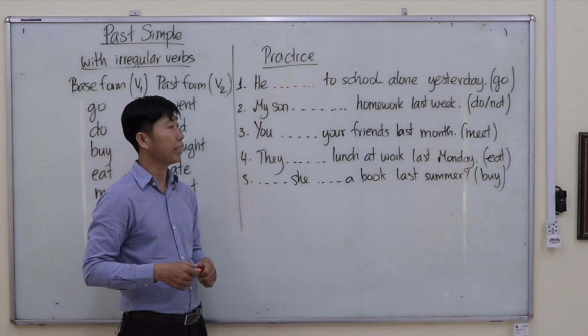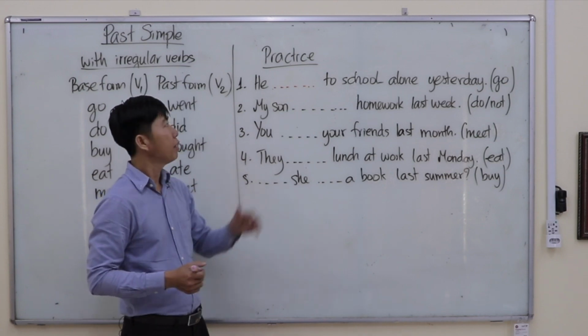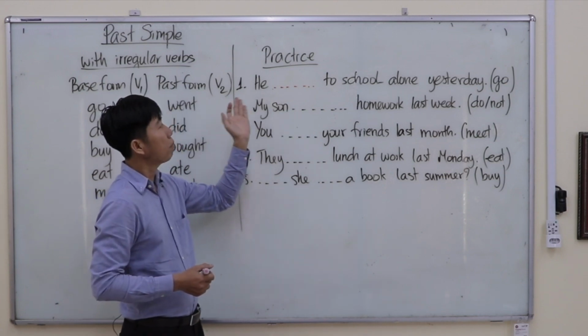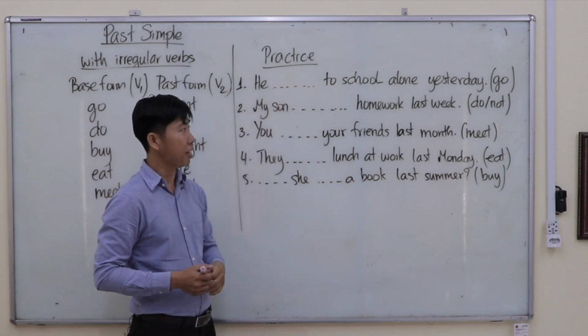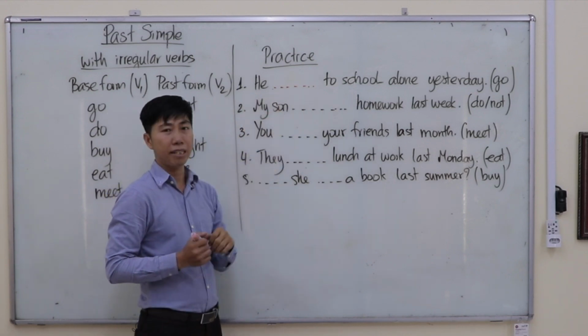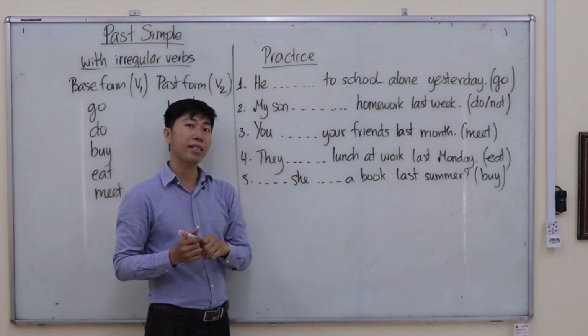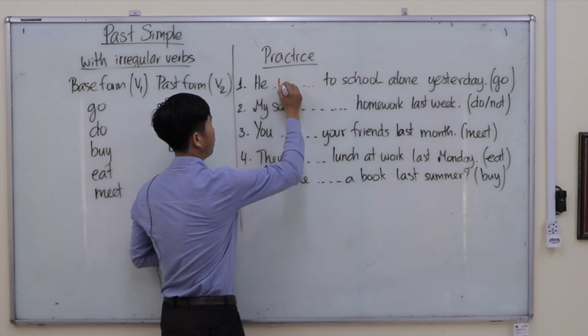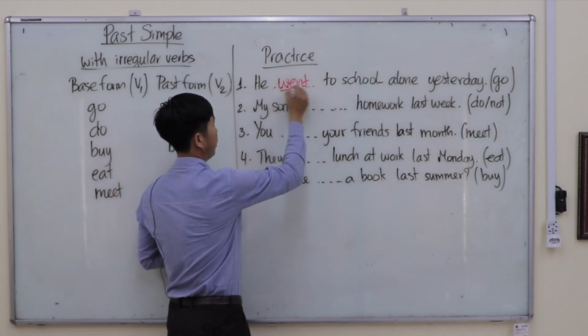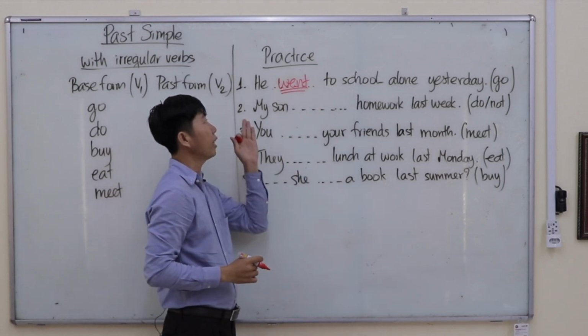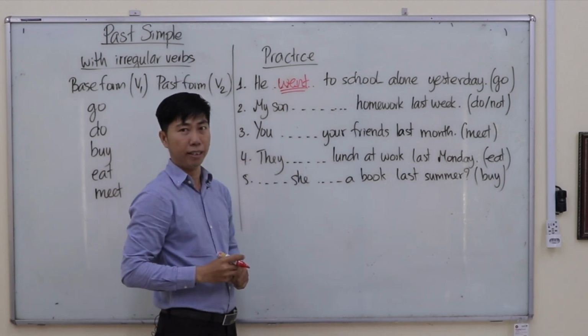Now let's check the answers together. The first one, he blank to school alone yesterday, and the verb given is go. The past of go is went. So the sentence is he went to school alone yesterday.